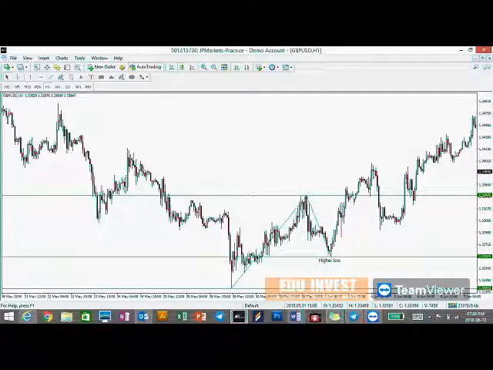So this trend over here gives me this retracement, which is seen as my higher low. The reason it's a higher low is because this low over here is higher than this low over here. So this is my overall low, and then this is my first higher low.